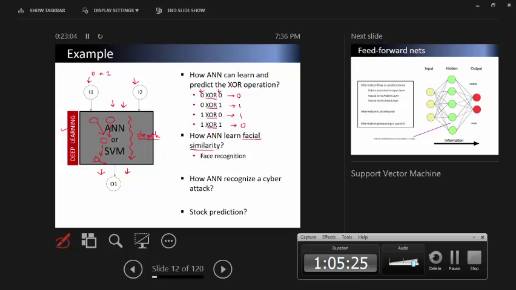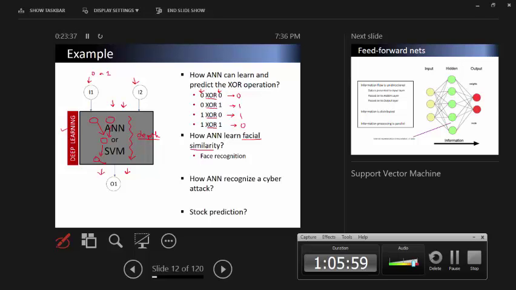Similarly, like face recognition, we can also ask an artificial neural network to recognize a cyber attack. Not just the face, but looking at the sequence of human behavior, then this neural network thinks, oh, this is a highly likely potential attack by looking at the behaviors.